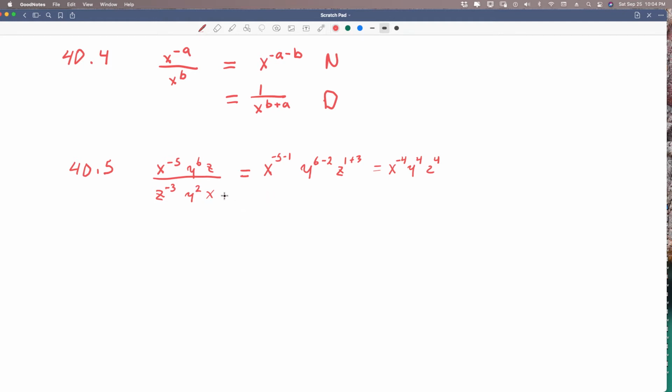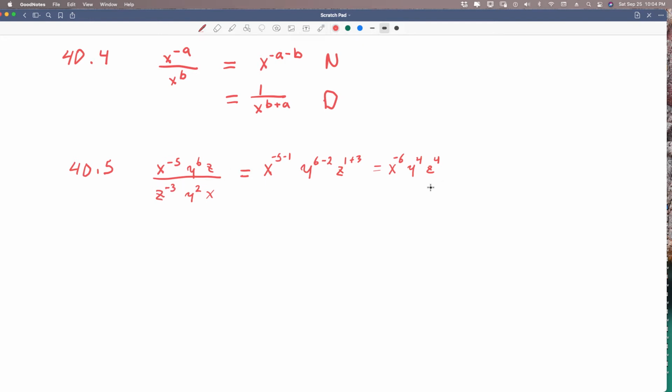Oops. It was a positive 1 down here, so when I brought it up, it should have stayed positive. We just subtracted it. So this should be x to the negative 6, because I did not do that right. I am so sorry. See, everybody makes mistakes. We just fix them and move on.